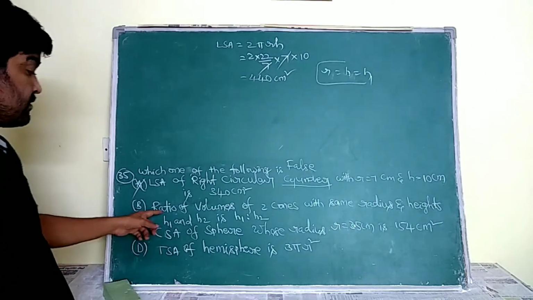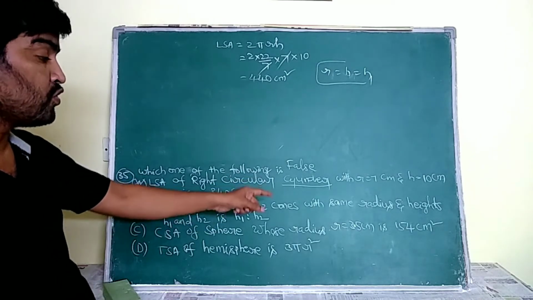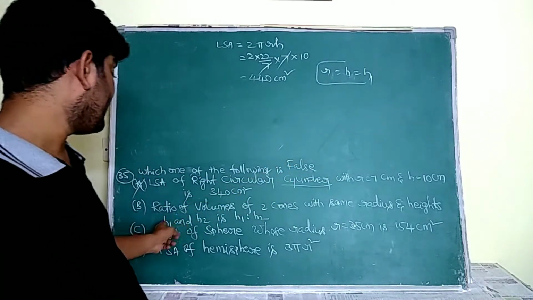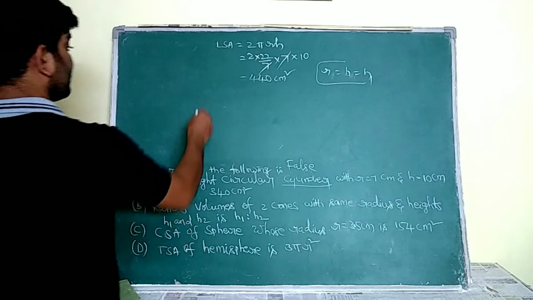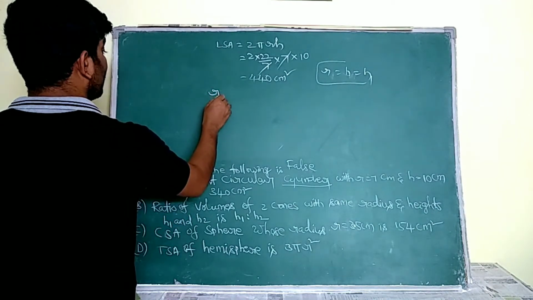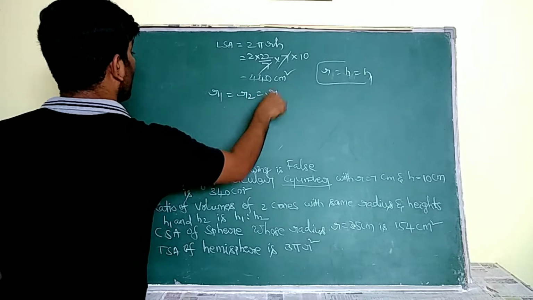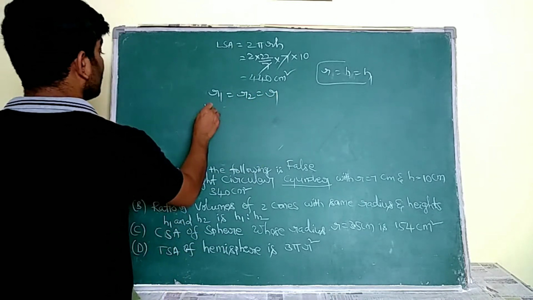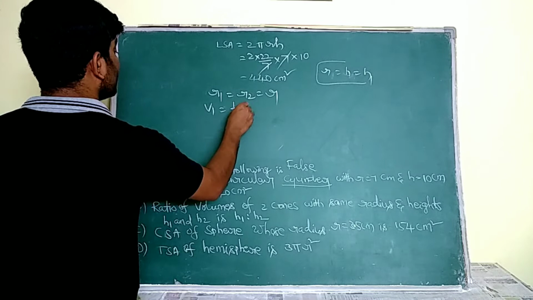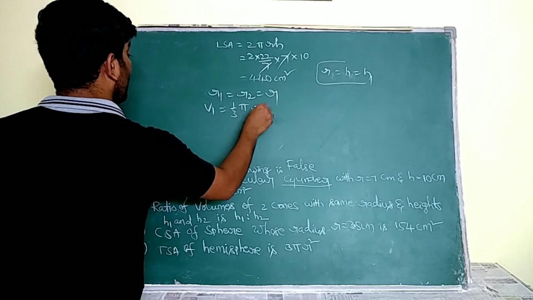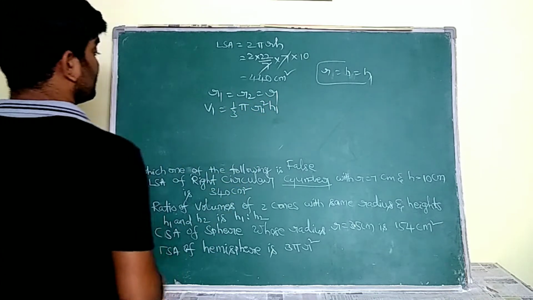This is false. So ratio of volumes of two cones with same radius and heights h1 and h2. That means for the two cones, r1 is equal to r2 is equal to r we are going to take. So volume 1 is equal to 1/3 pi r1 square h1.